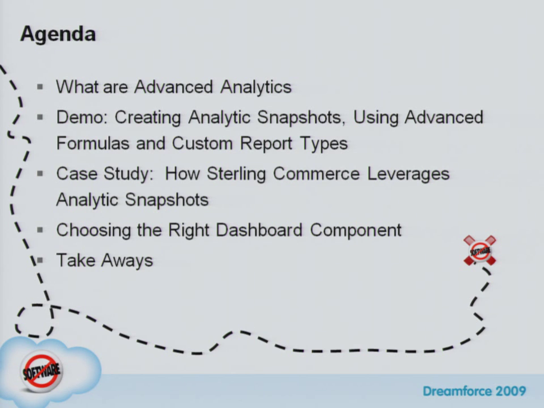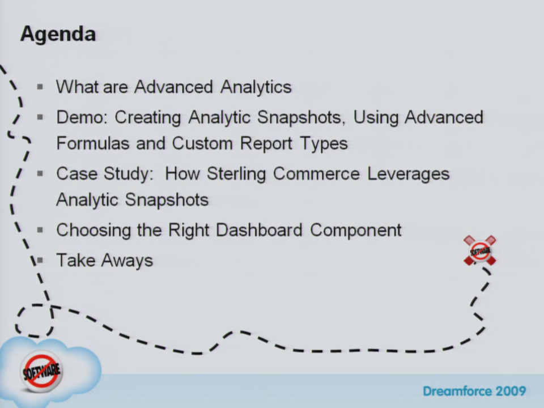Before we get started, I just wanted to see who we have in the audience today. How many of you are administrators? Great, you're in the administrator track. Do we have any people from marketing? A couple? How about anyone on the sales side? Okay, great. Now, how many of you have created an analytic snapshot?